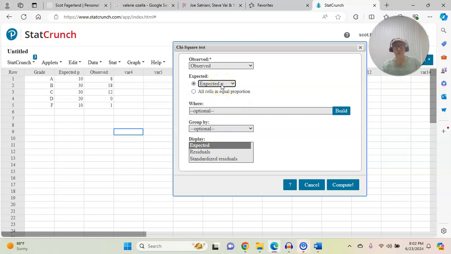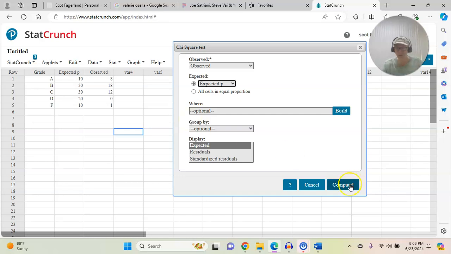By the way, some problems ask you to find out if all the proportions are the same. That's kind of a common null hypothesis. So rather than listing out 10, 10, 10, 10, 10, 10, 10, etc., you might, in some cases, need to click this button that just says, well, we would expect that all cells would come in equal proportions. But in this problem, we did have a given distribution.